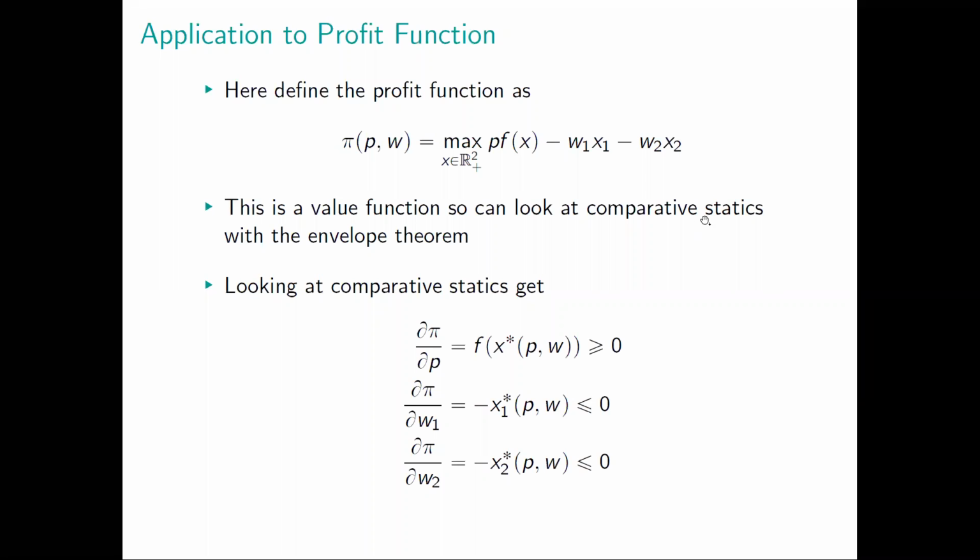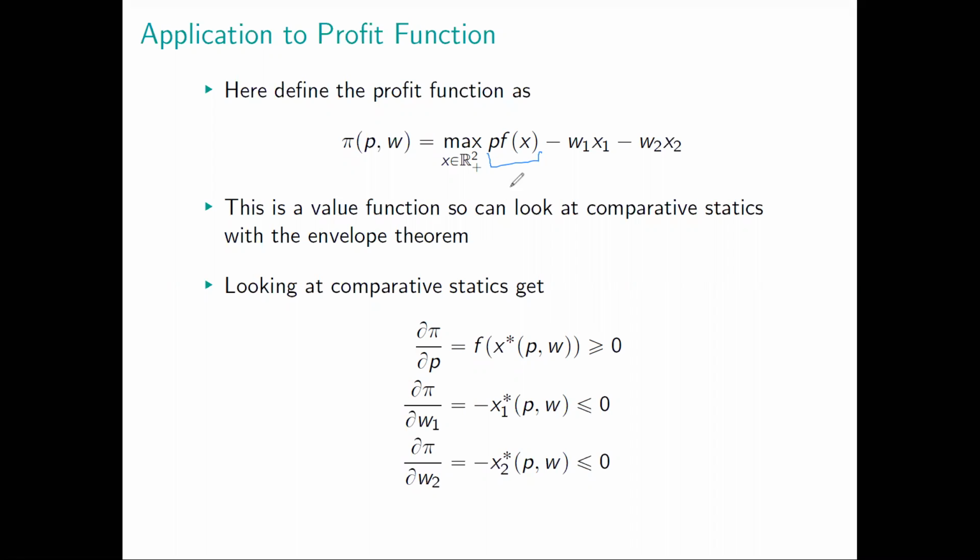So we're going to apply this to the profit function. Here we can define the profit function as the profit you make at output price P and input prices given by W. This is a value function, so we can look at comparative statics with the envelope theorem. If we differentiate profit with respect to price, we're just recovering the derivative of this direct component, right?